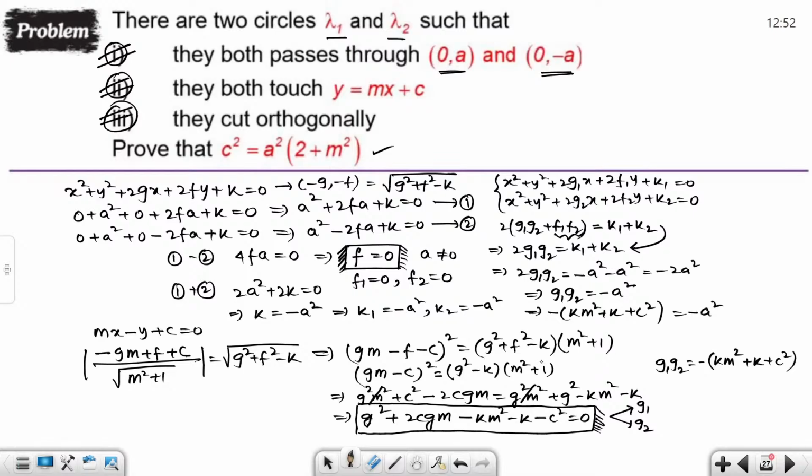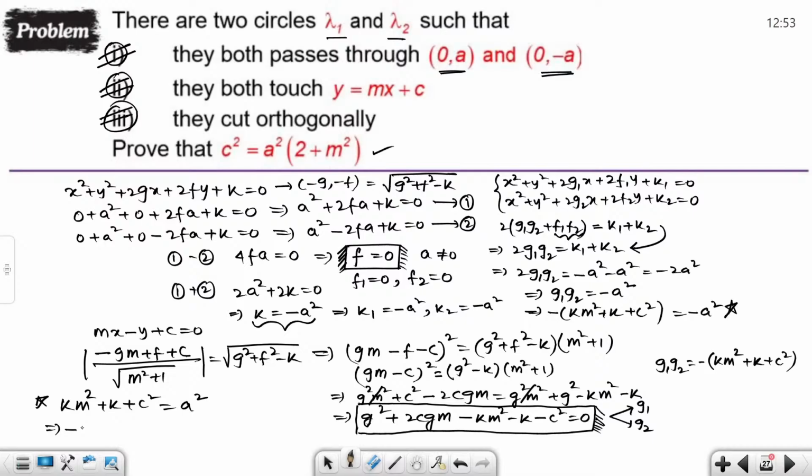Am I correct? So what you are getting basically, let me write it here. You are getting km square plus k plus c square is coming to a square. Right? Now what is your k? K is basically minus a square. So let me replace this.